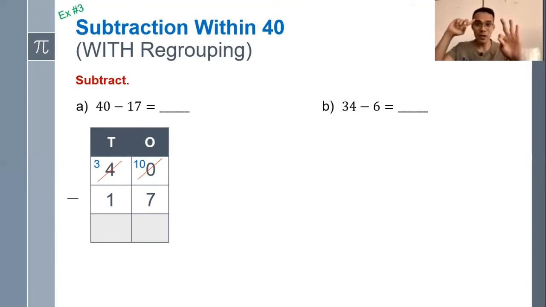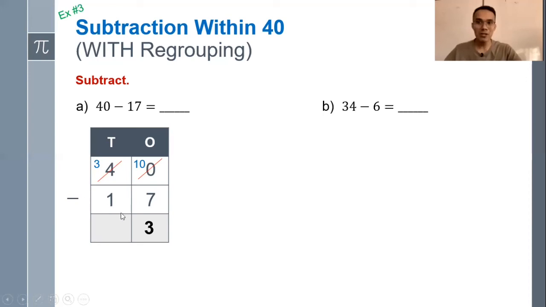Were you able to follow? Again, 7 in mind, 8, 9, 10. How many fingers? 1, 2, 3. 10 minus 7 is 3. Right.